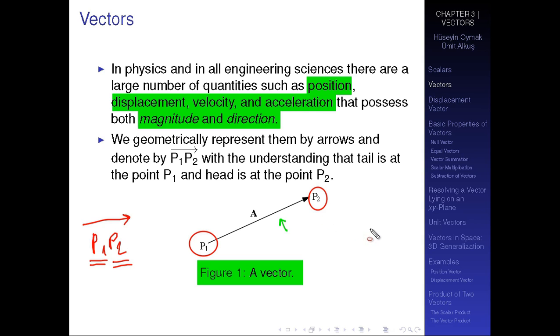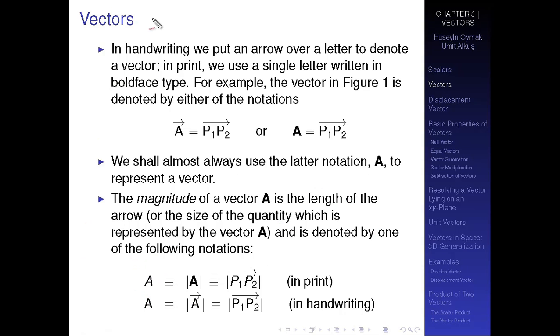Well, in the next slide, we will learn how to denote a vector by a single letter. In handwriting, we put an arrow over a letter to denote a vector. In print, we use a single letter written in boldface type. For example, the vector in the previous slide is denoted by either this notation or this notation.